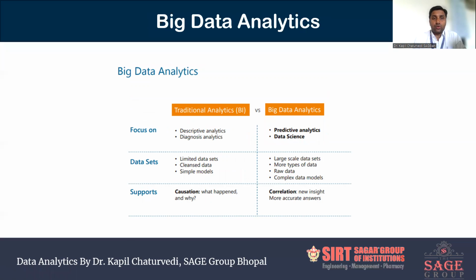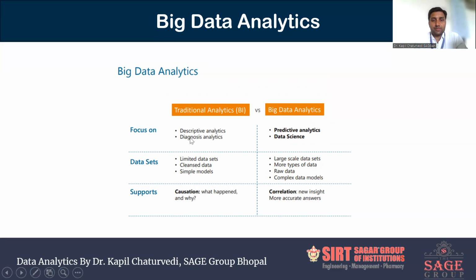Now, when we go to big data analytics, we have two kinds of analytics. We perform analytics over traditional data, and we perform analytics in big data. We compare them on some factors, like what the analytics focuses on.